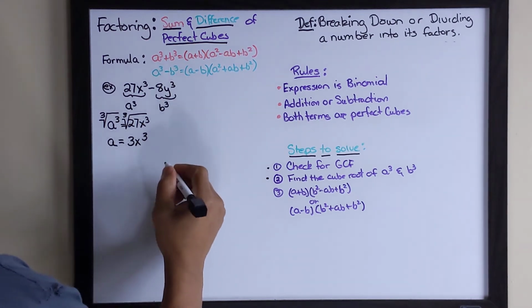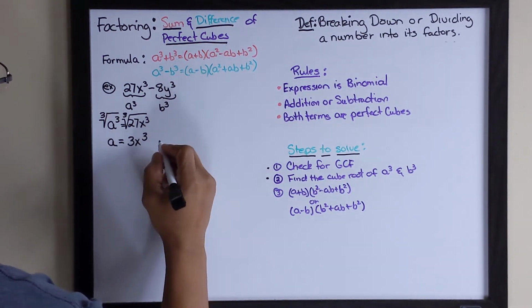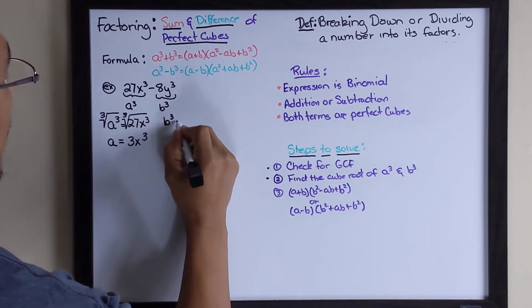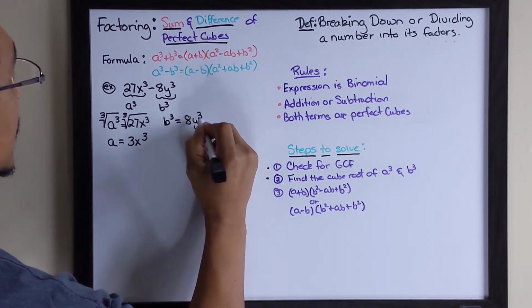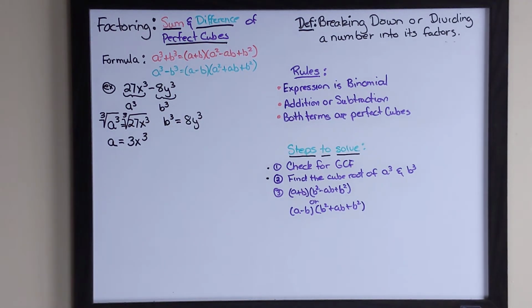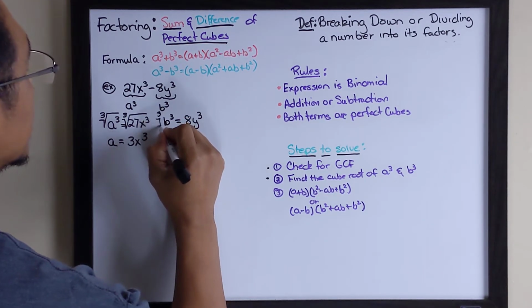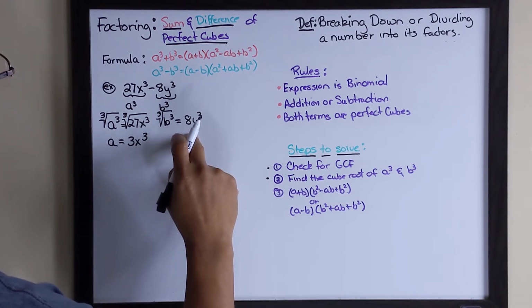What about b? Well, to get the value of b that we're going to use in this formula, we need to solve for b cubed. Well, b cubed is equal to 8y cubed. So what we're going to do is take the cube root of b cubed, and once again, whatever we do on this side, we must do on this side.